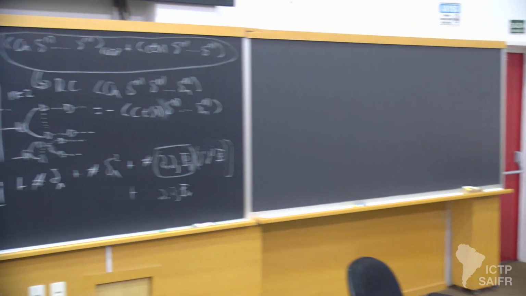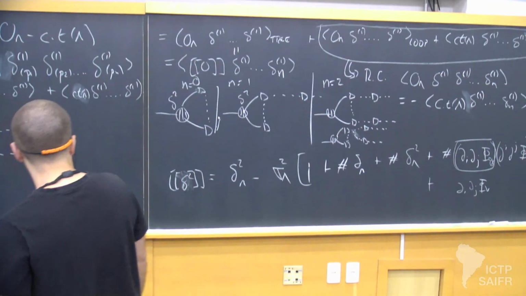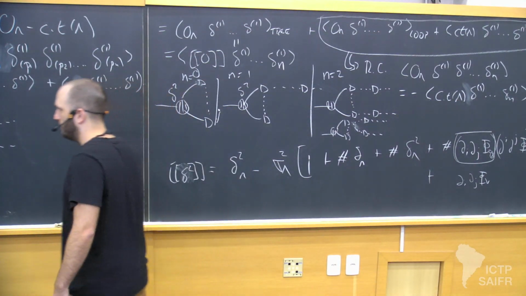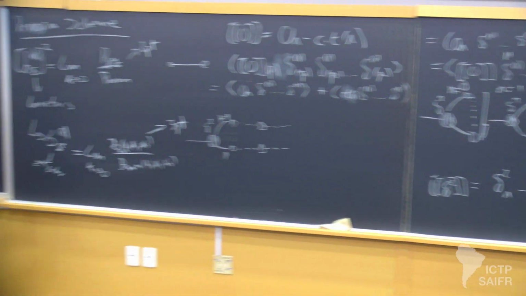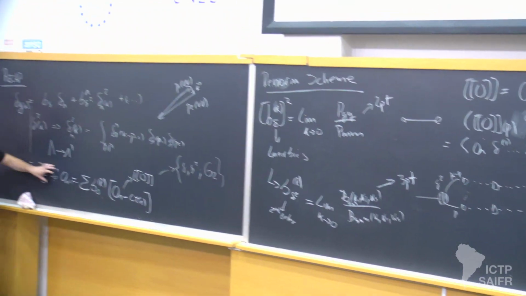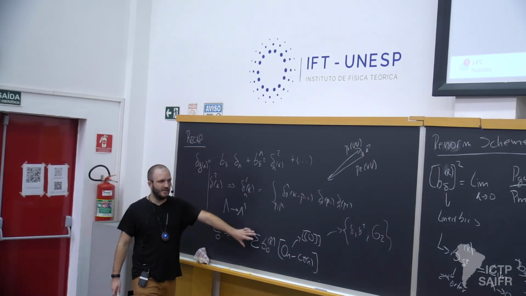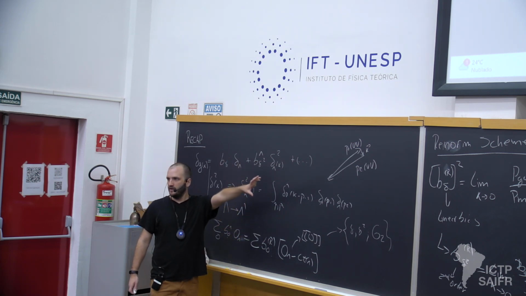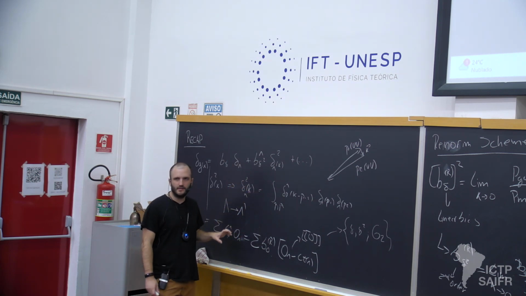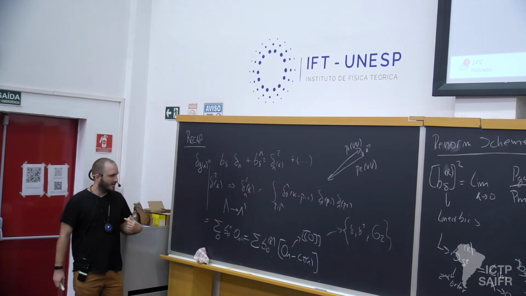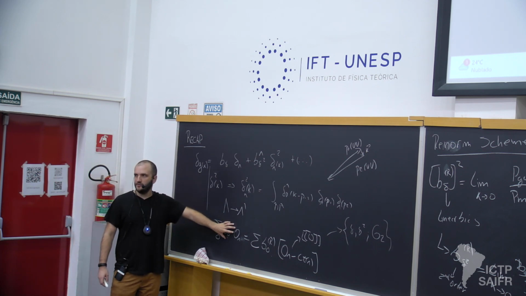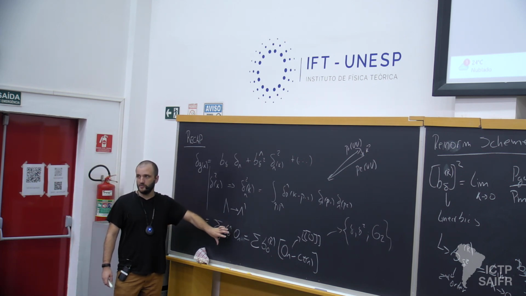Okay, so this was the story I presented yesterday, and the idea here is to live in a world in which we don't care about the dependence on lambda of the bias parameters. By doing this, we are assuming a scheme in which we cancel out the lambda dependence. But what I wanted to do now is to construct the renormalization group for the bias parameters.